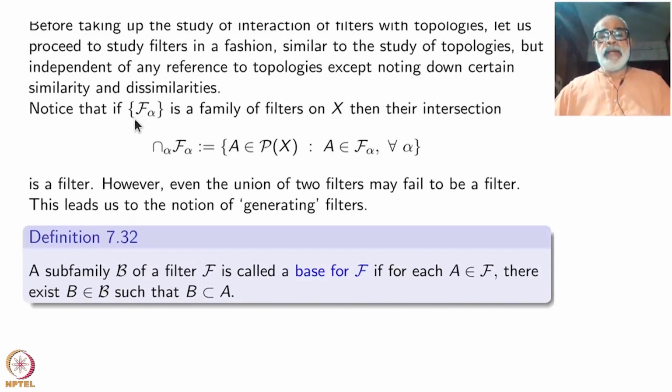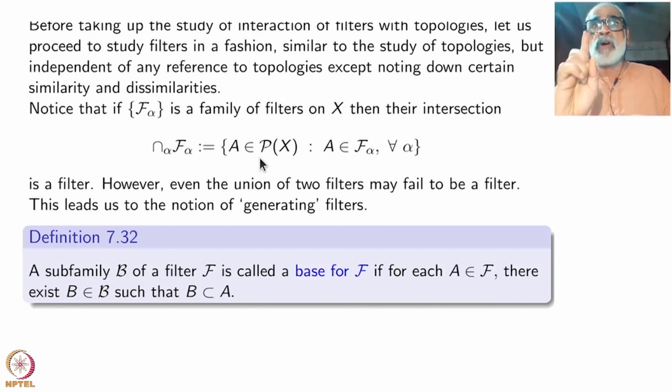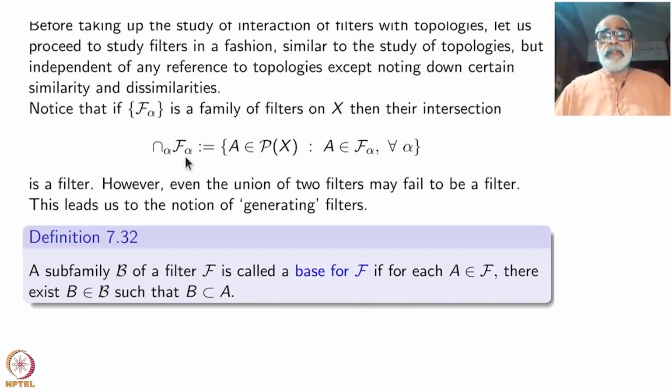So first notice that if F alpha is a family of filters on X, then their intersection is a filter. You had a similar theorem for topologies. That is what I wanted to say, that we are comparing. Intersection of arbitrary families of filters, all of them are, remember, subfamilies of P(X).